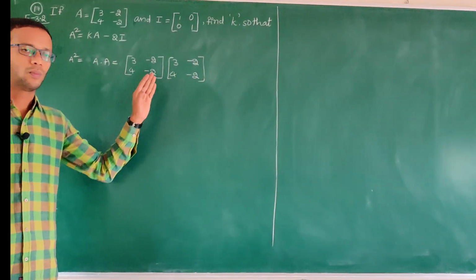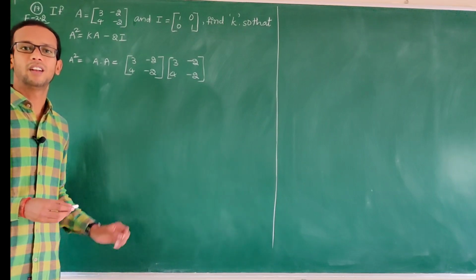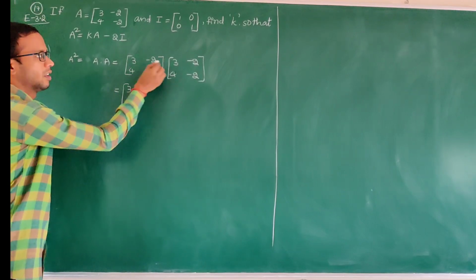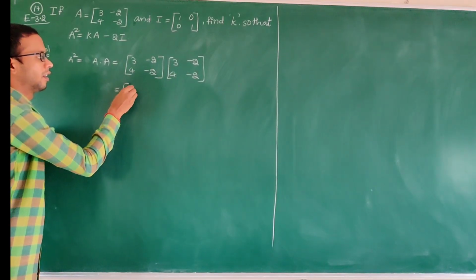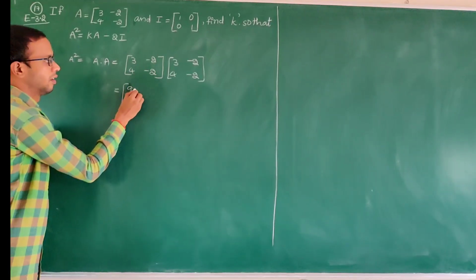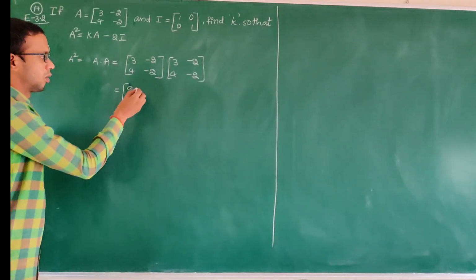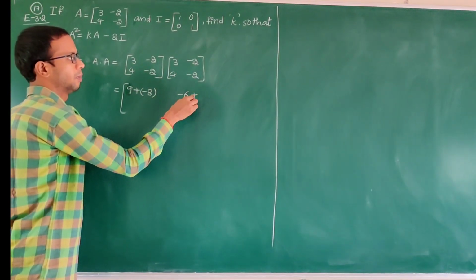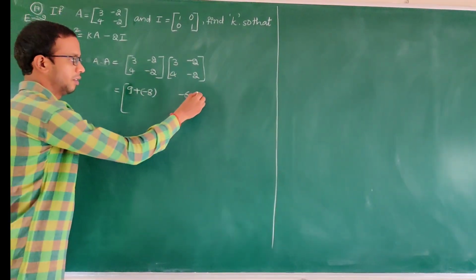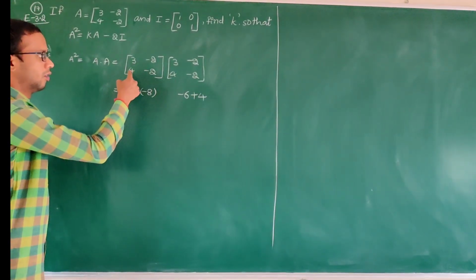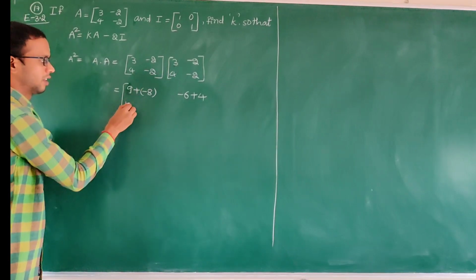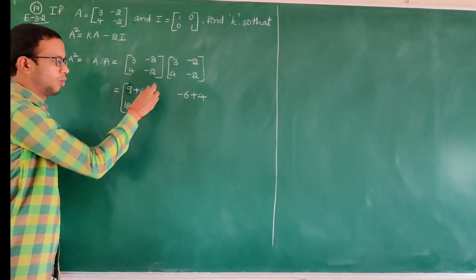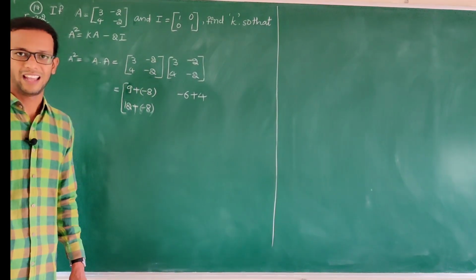So this is a 2 by 2 matrix multiplication. Matrix multiplication follows the row by column method. 3 3s are 9, plus minus 2 into 4, minus 8. Next, 3 into minus 2 is minus 6, plus minus 2 into minus 2 is 4. Next, 4 into 3 is 12, plus minus 2 into 4 is minus 8.